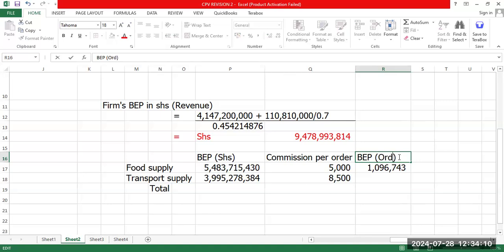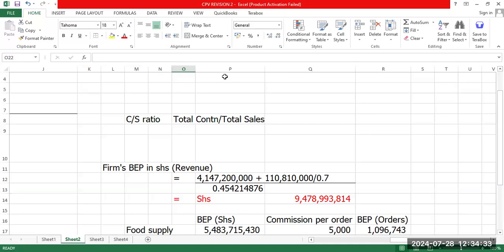These are orders. Then you do the same here. Get this, divide by this. And that's all. If they ask you the firm's break-even point in orders, get this plus this. So it means you have answered.